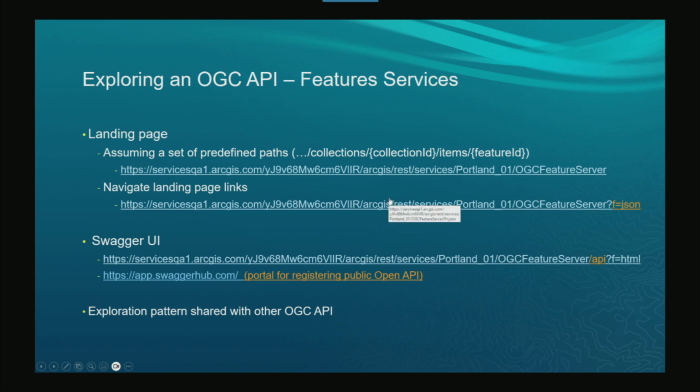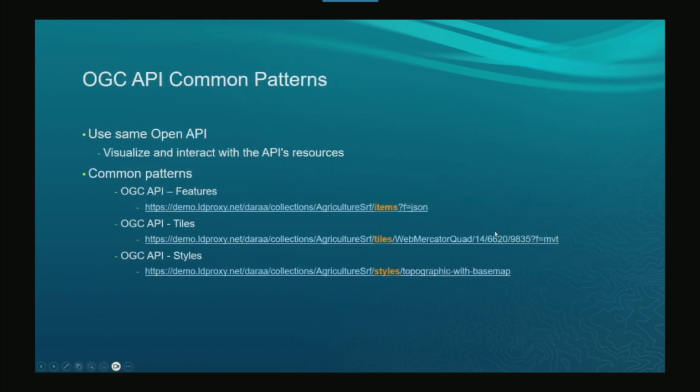This is not only applicable, what I just told you about, for OGC API features. Other OGC open API like tiles, styles, share the same pattern or the same architecture in terms of discovery and getting the information that you need. So they use the same open API to visualize and interact with API resources.